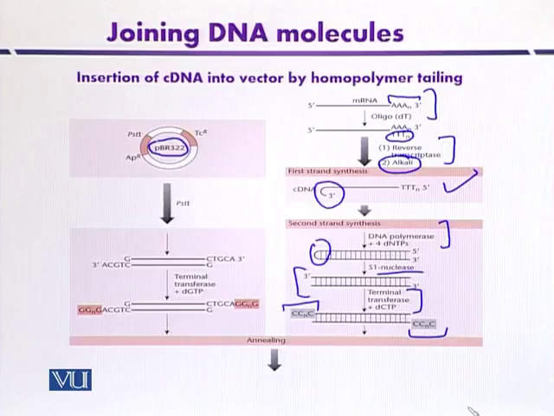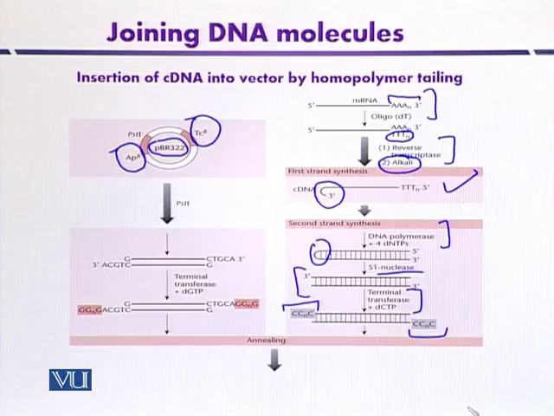This pBR322 vector has two selectable markers for antibiotics. One is tetracycline resistance, and the second is ampicillin resistance, so that it can select the transformants when we grow them on a medium that is supplemented with these two antibiotics.